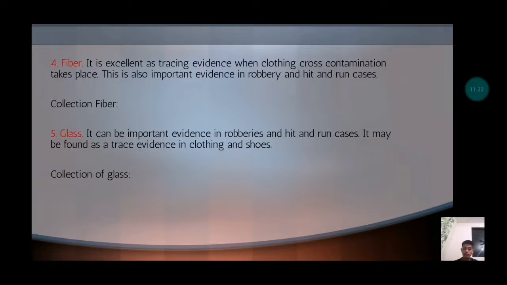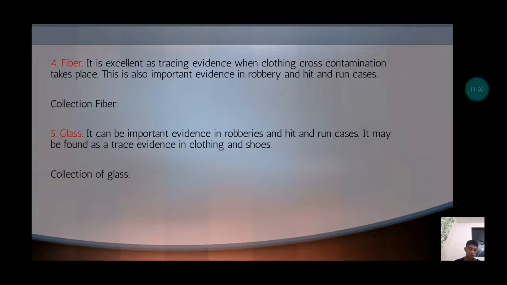Number 4 is fiber. Fiber is excellent as tracing evidence when clothing cross-contamination takes place. This is also important evidence in robbery and hit and run cases. Fiber may be found in clothing, smudged on projections, and even embedded in vehicle paint.